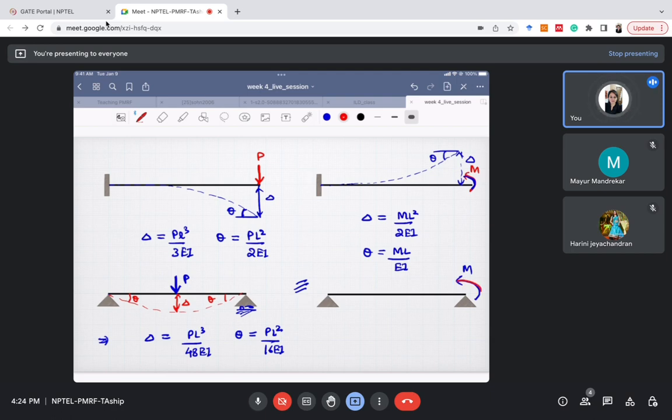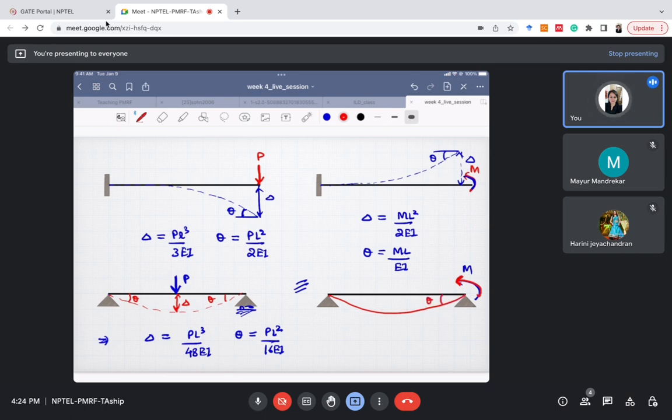If we apply a moment here like this, it is going to deflect like this, because this arrow is pushing it downwards, right? Not made very nicely, but let's see. It will deflect something like this.